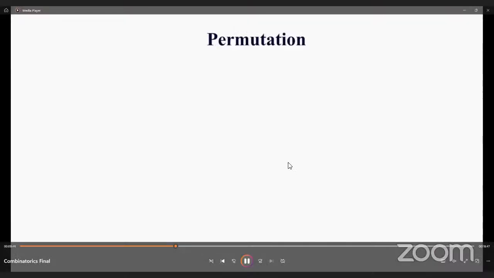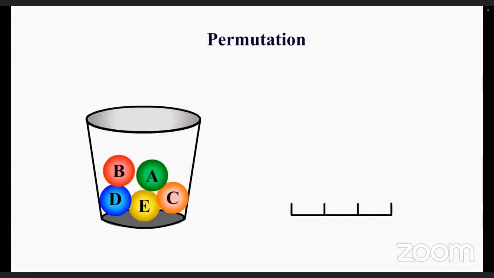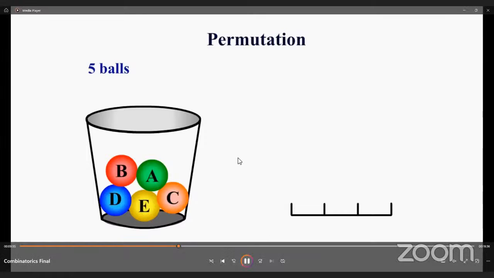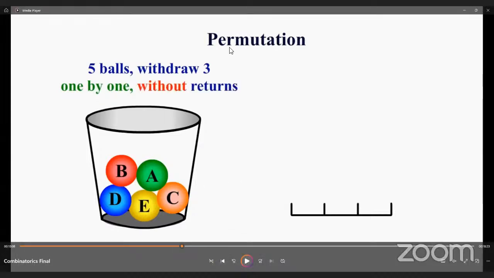Now the permutation. That is another very important thing. So again, we have 5 balls. Then we're going to take 3 of them. But now the difference is that, and this is important, you take 1 by 1 and without return.